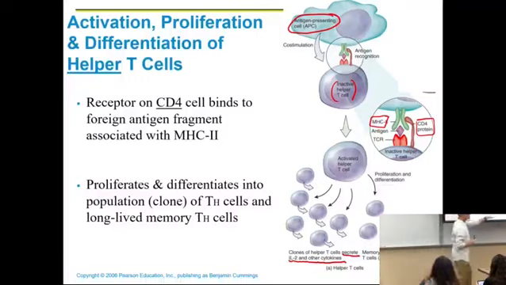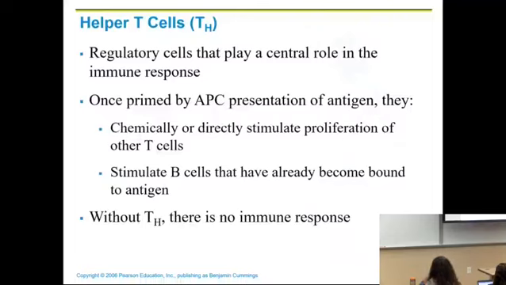So you're like, oh, okay, so they're like cheerleader cells. That's nice, but is that really helpful? It's definitely helpful. Like I said, if you don't have these helper T cells, your B cell response, your ability to produce antibodies, is way, way weaker, okay? So it's really important that we have these helper T cells releasing these stimulatory chemicals for the B cells to then produce that massive B cell response, okay?